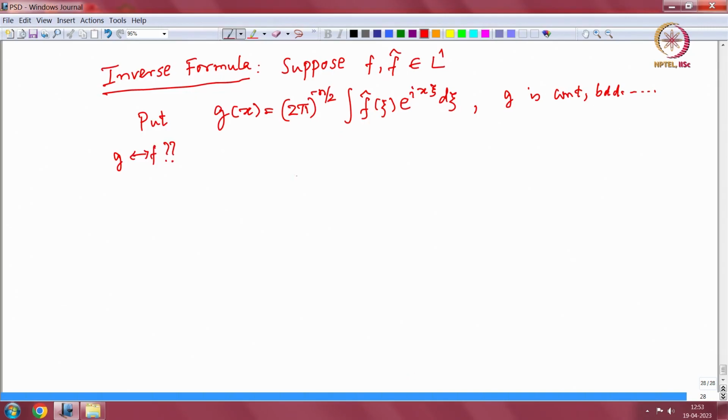Let us write this, because we know the formula for f cap. There is another factor there, so let me put that here: e to the i x dot j. There is already an x, so let me use some other variable here, y, so this is e to the minus i y dot j dy.